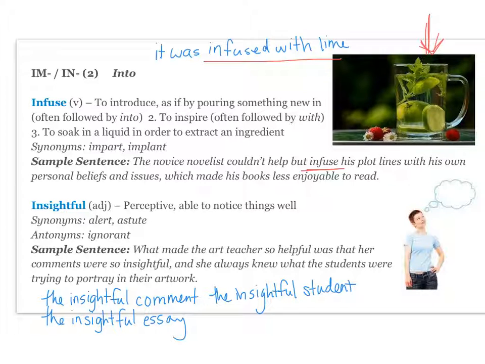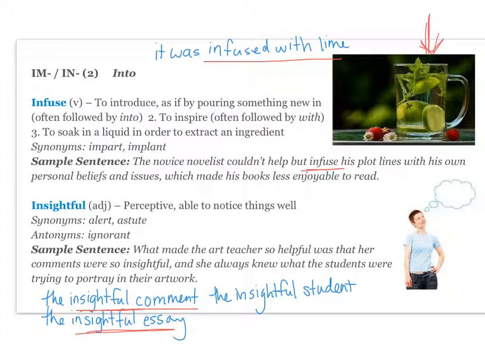Your next word is insightful, which is an adjective, and it means perceptive, able to notice things well. So if you are an insightful person, you are perceptive and you notice things well. An insightful comment or an insightful essay would be a comment or an essay that is very perceptive and kind of like really deep.